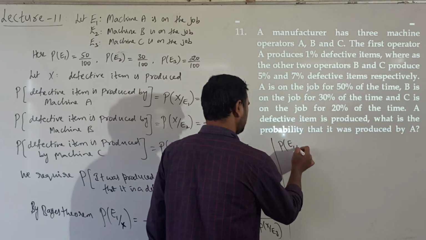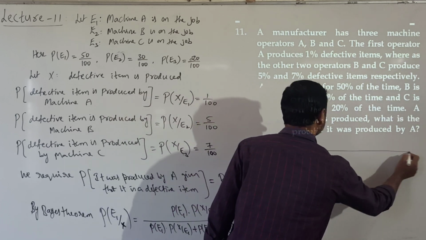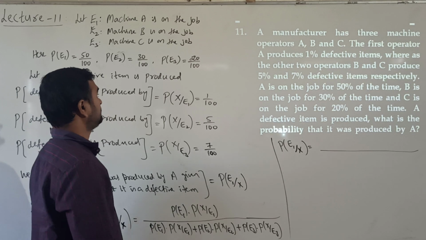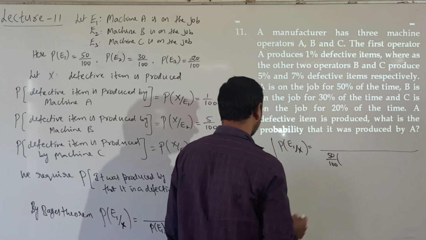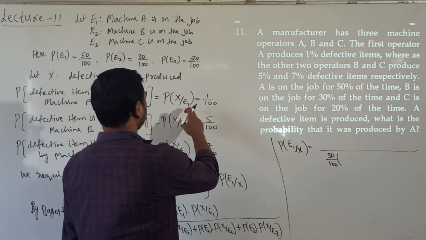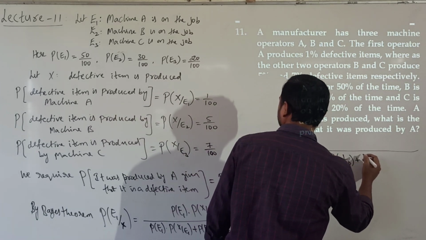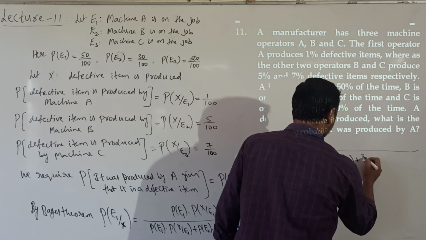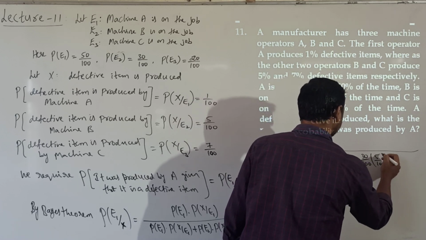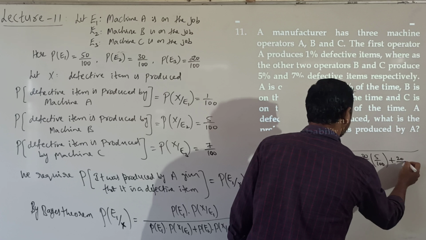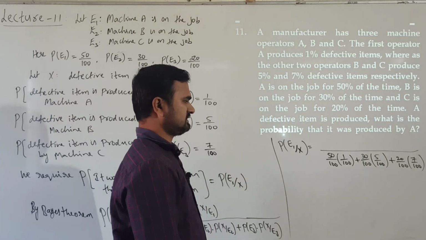P of E1 given X. In the denominator, P of E1 is 50 by 100 into P of X given E1, which is 1 by 100, plus E2 is on the job 30% of the time, so 30 by 100 into 5 by 100, plus 20 by 100 into 7 by 100. So these are the total cases.